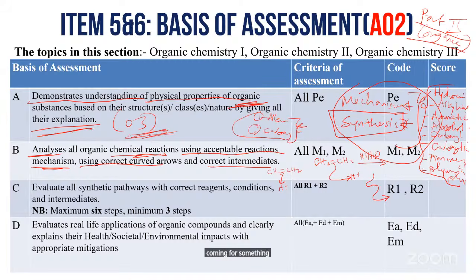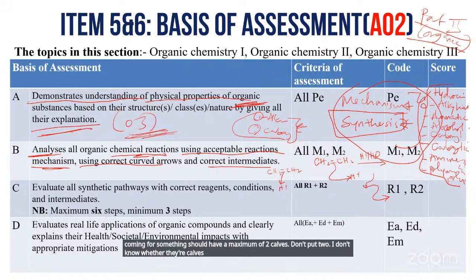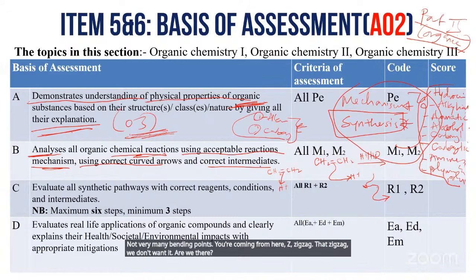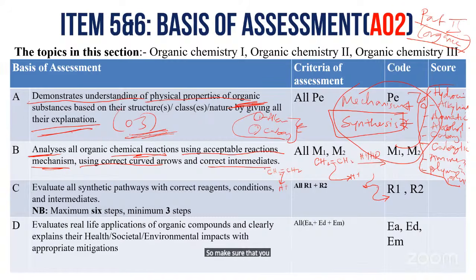It should have a maximum of 2 bending points, not very many. You're coming from here, zigzag. That zigzag, we don't want it. Are we there? So make sure that you can write a chemical reaction and even its mechanism.